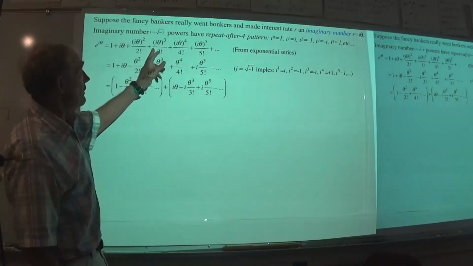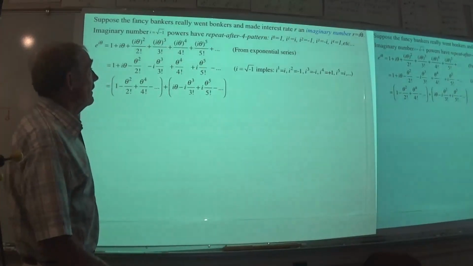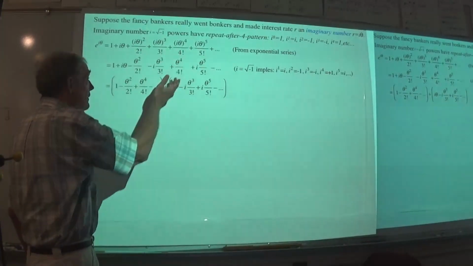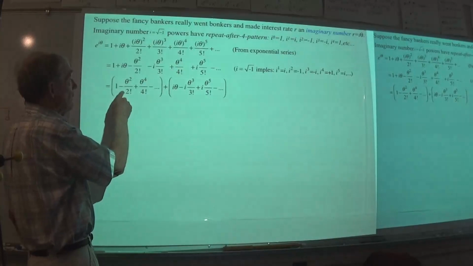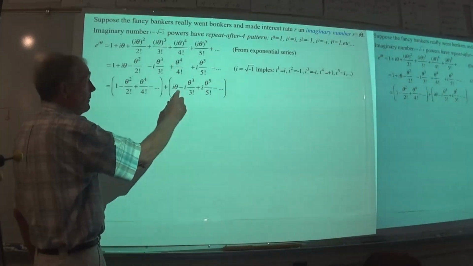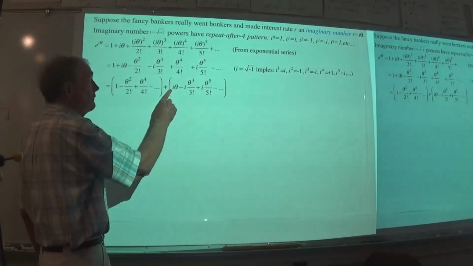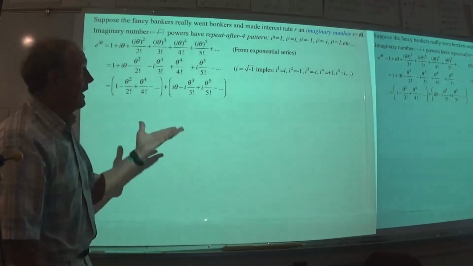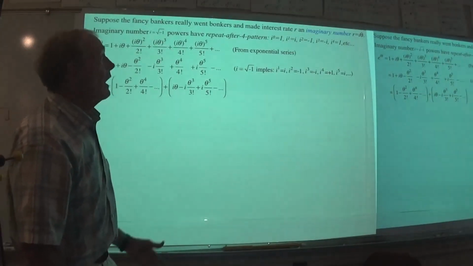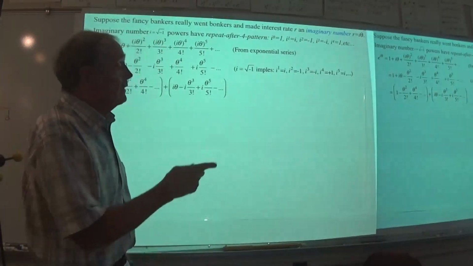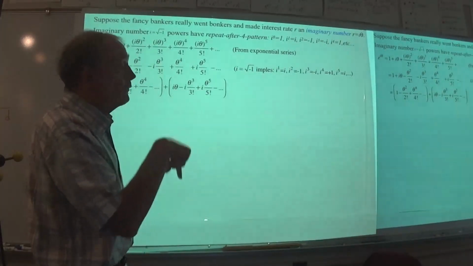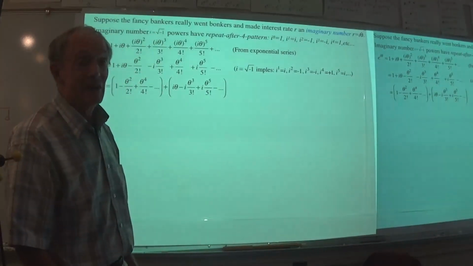I just go through here, and every one of the squares, or even powers, drops me down to this, and the odd powers drop me down to this, with an i for every one of them, because i squared, i cubed, i fourth, i fifth, just go to the 4 points of the compass, and then they return.